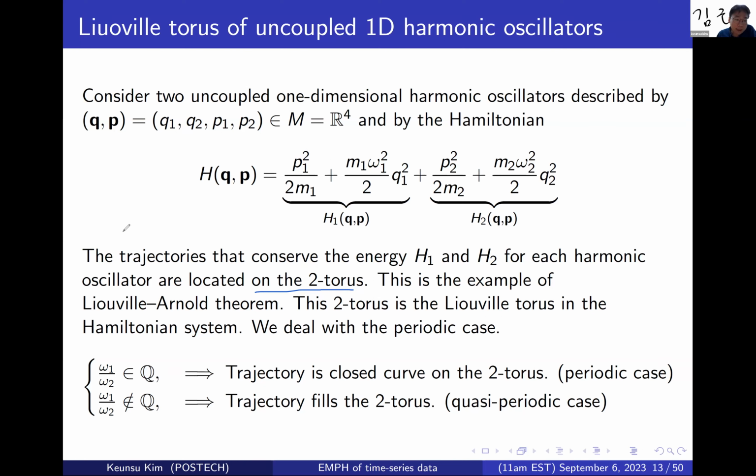If the ratio of omega 1 and omega 2 is a rational number, then the trajectory is a closed curve on the two torus. This corresponds to periodic time series data. Otherwise, the trajectory fills the two torus. This corresponds to quasi-periodic time series data. In this talk, we only focus on periodic time series data.